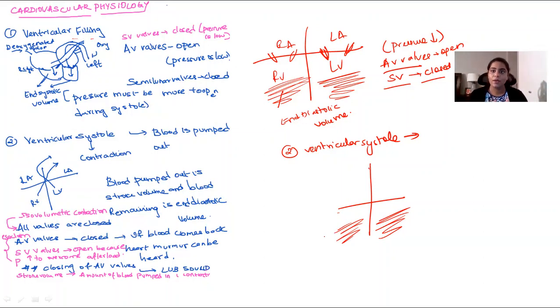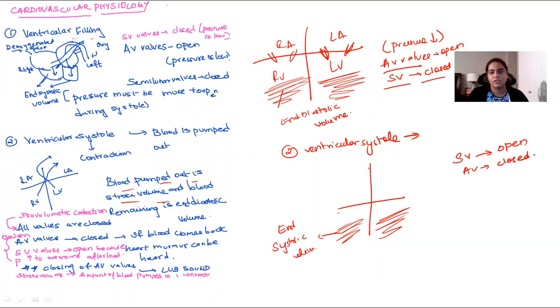Now here, what happens? The pressure is really high. Then the semilunar valves are open and AV valves remain closed. Okay, so here you can see blood pumped out is called stroke volume. This I'll explain what it is. Now, this is end systolic volume.